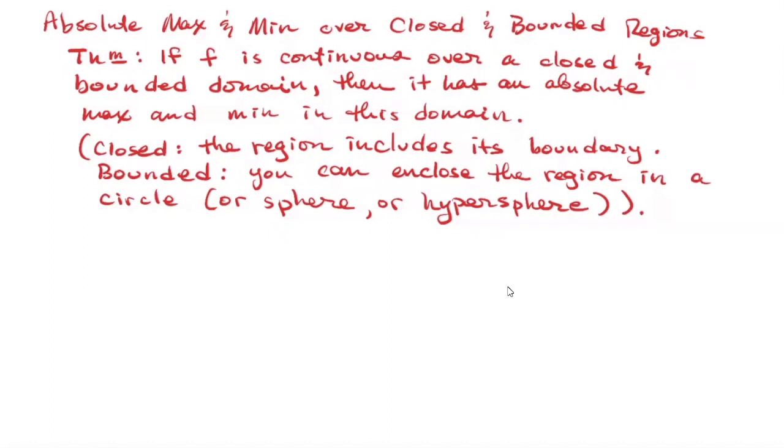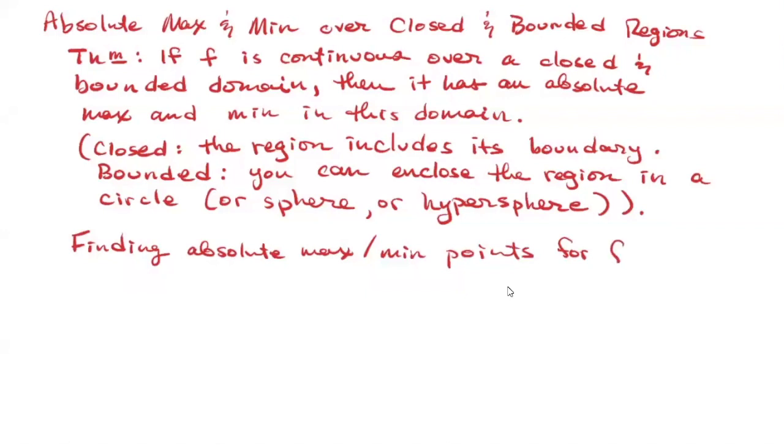So this kind of boils down to just a step-by-step process now. So let's go ahead and put a step-by-step in, finding absolute max and min points for f over closed and bounded region D. Okay, so first step is you'd have to find the critical points inside D, in the interior of D. So that'll be step one.